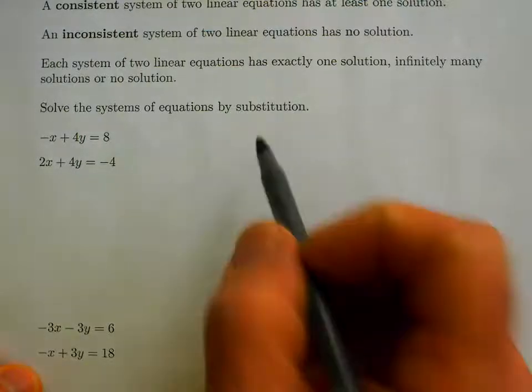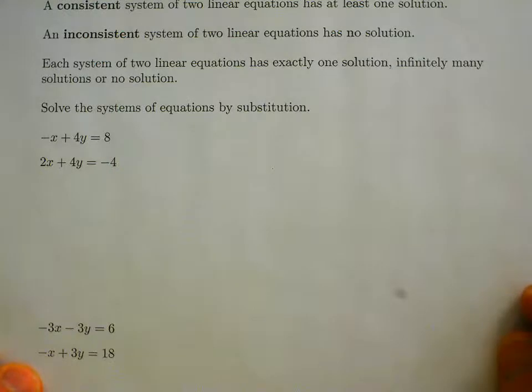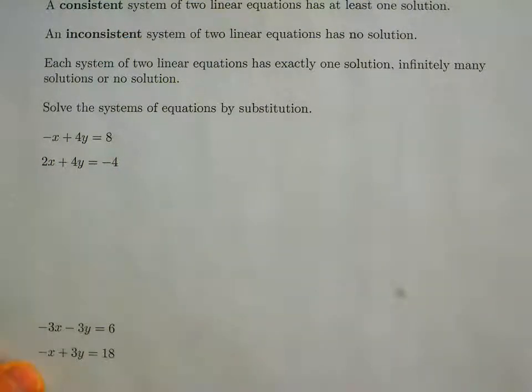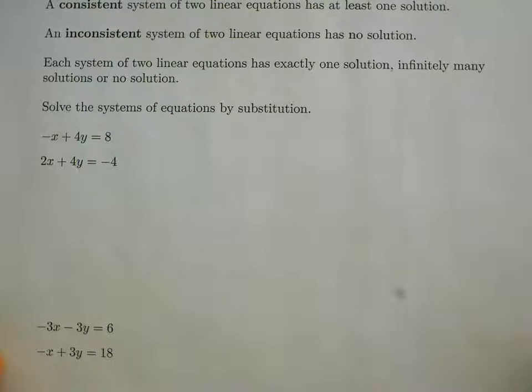When solving by substitution, we have choices. We can pick one of the variables in either of the two equations and solve for that variable. So we have four choices.